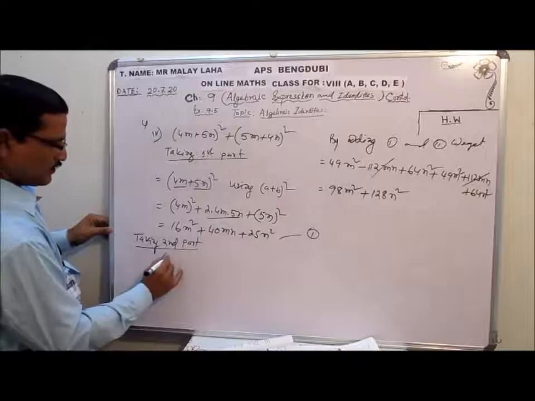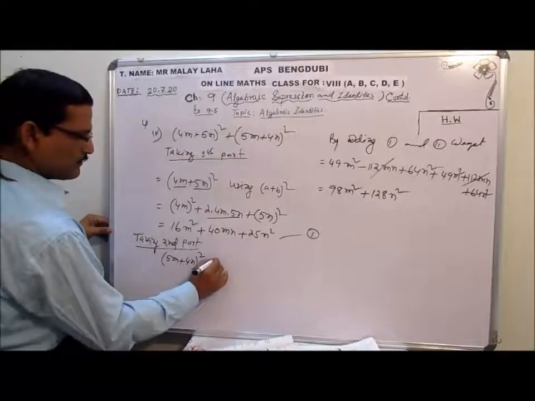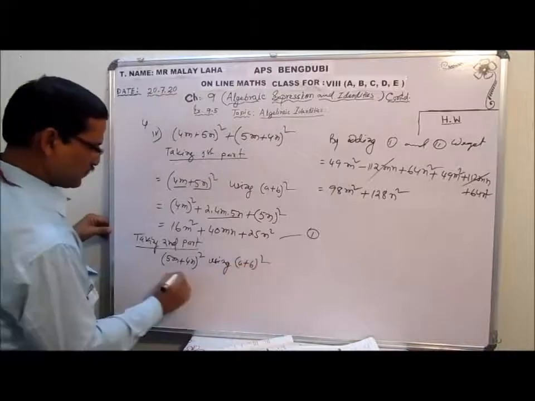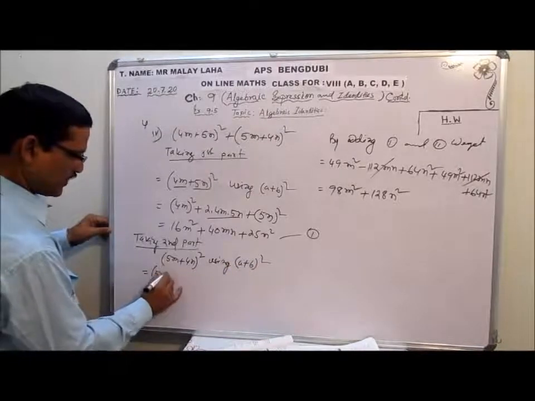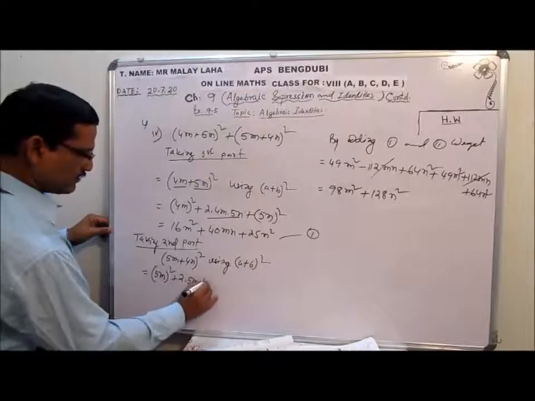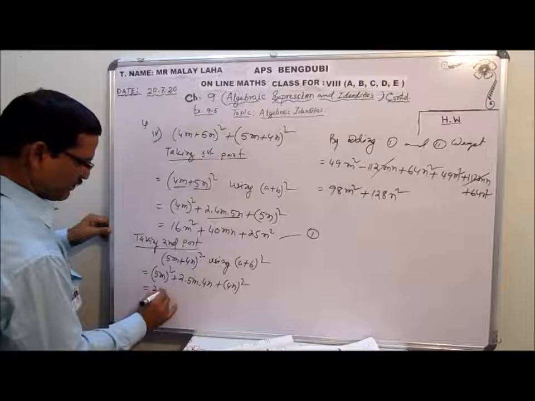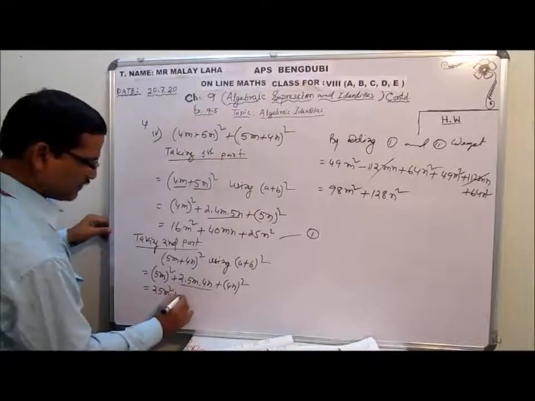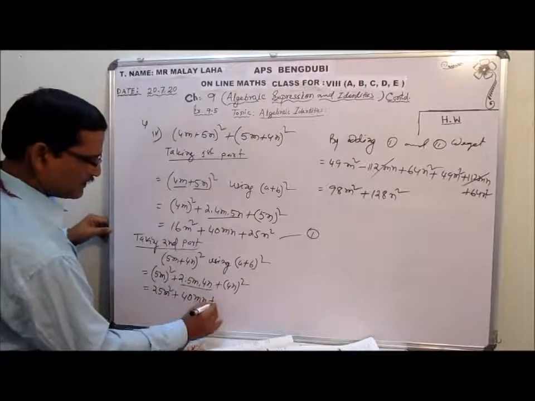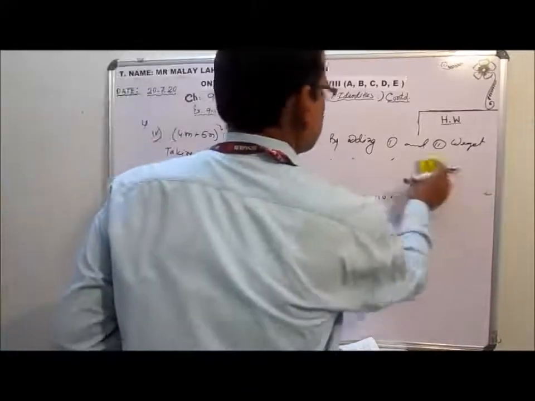What is this? 5m plus 4n whole square using a plus b whole square. So a square means 5m square, plus twice a means 5m, b means 4n, plus b square means 4n whole square. 25m square plus, what is this product? 40mn plus 16n square. Clear?